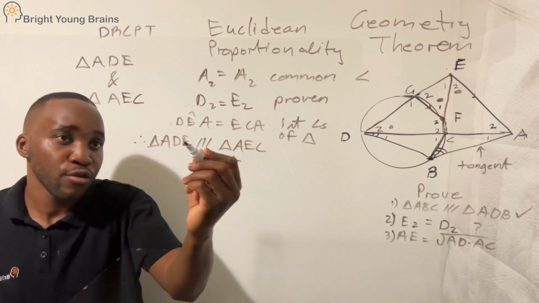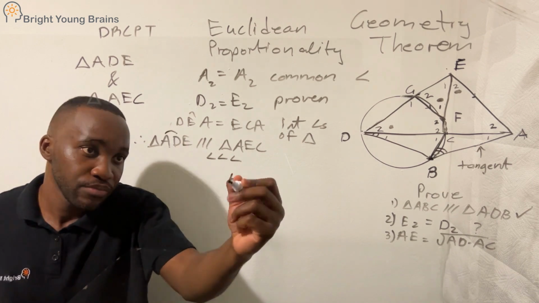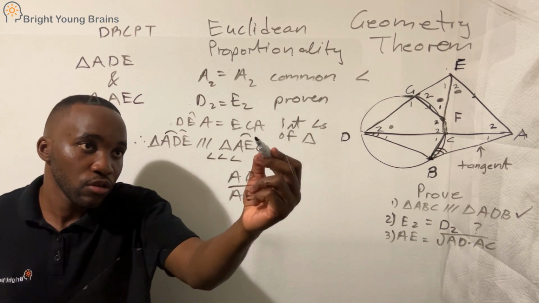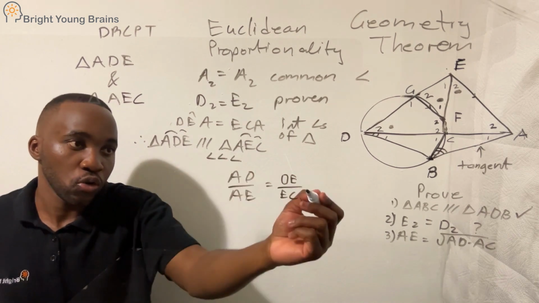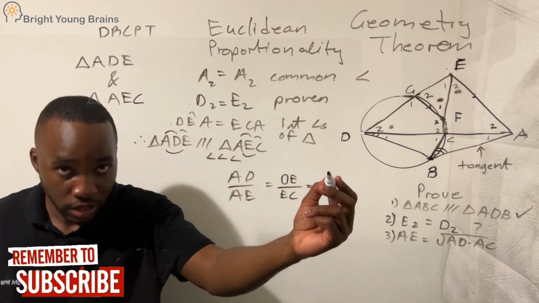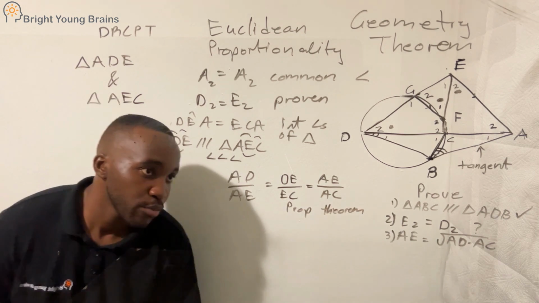We can easily write AD over AE is equal to DE over EC, which is also equal to AE over AC. The reason for writing all this is just the proportionality theorem.